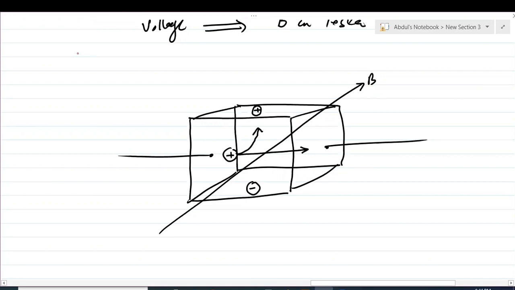But some crystals have negative charge carriers, they are n-type, where the negative charge particle is moving in this direction for the conduction of current. When the magnetic field is introduced, according to Fleming's left-hand rule, this negative charge particle is also deflected up.